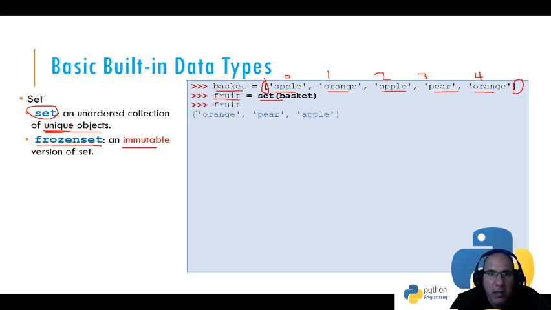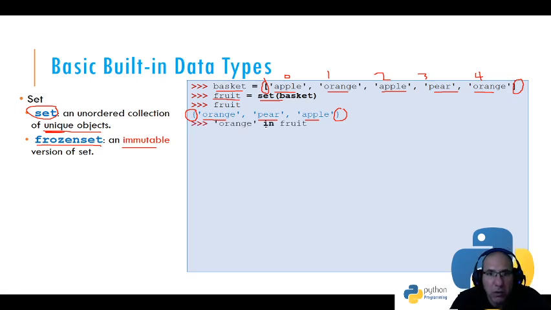If you print it, it will be represented using curly brackets, not square brackets, not round brackets. Orange, pear, and apple. The order here is not important, because you know the set order is not important, and repetition is not allowed. There is no repetition inside sets.